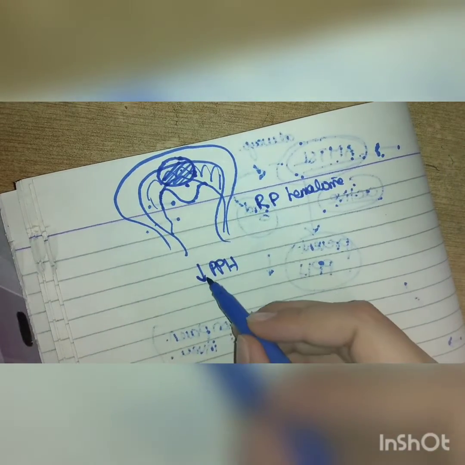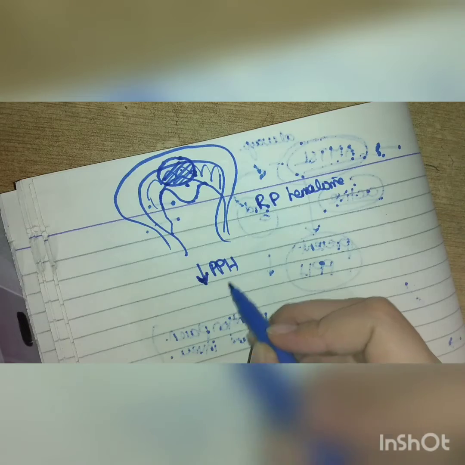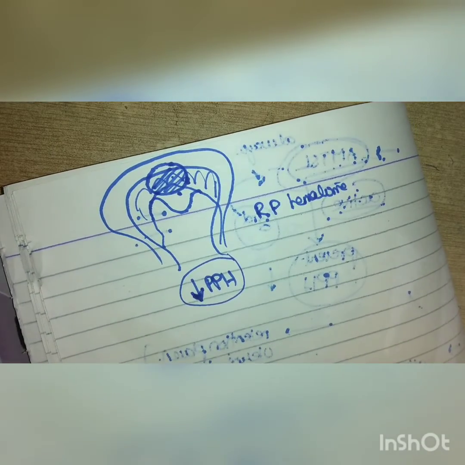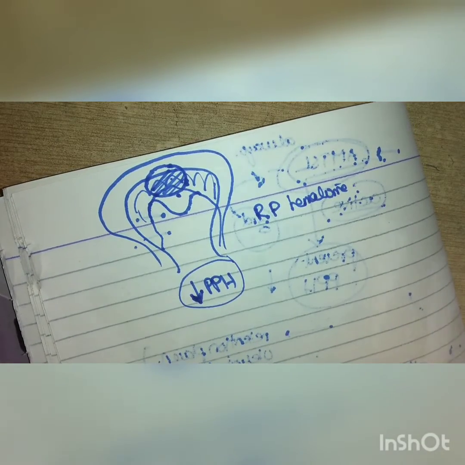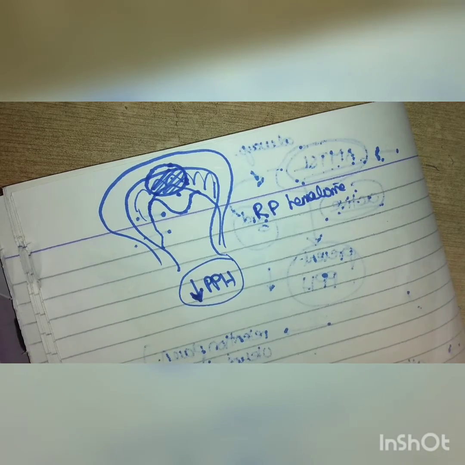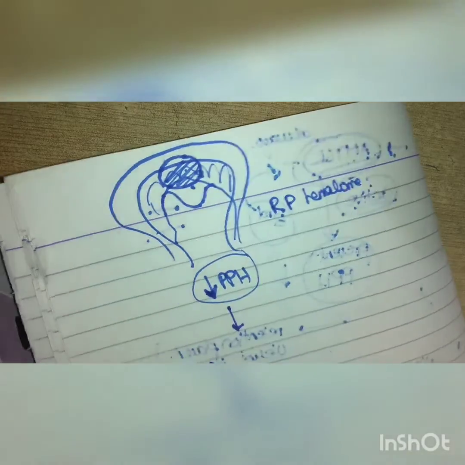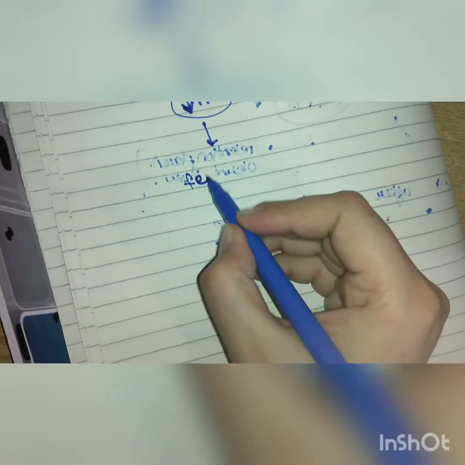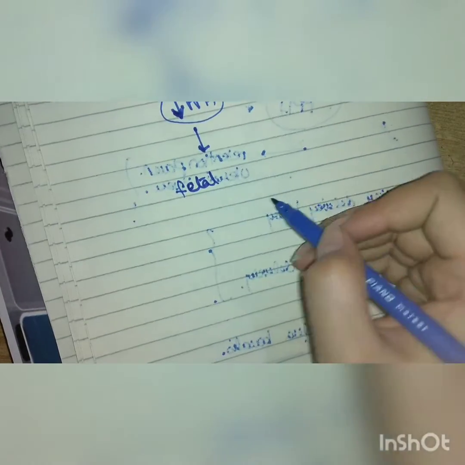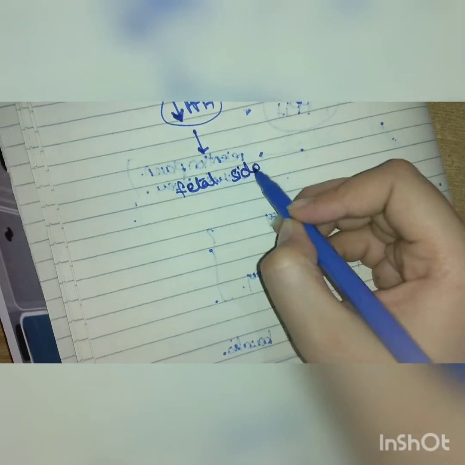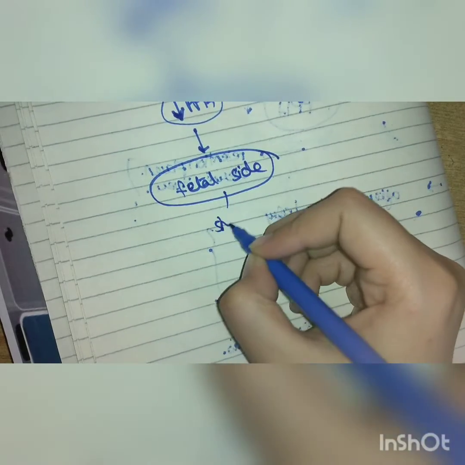And how will you know that the central method of placental separation has occurred? Now these two things occur naturally. This is not in our control whether central separation will occur or marginal will occur, though central occurs more commonly. So in this case what will happen is that the fetal side of the placenta comes out of the introitus. And how will you identify the fetal side? It is the shinier side.